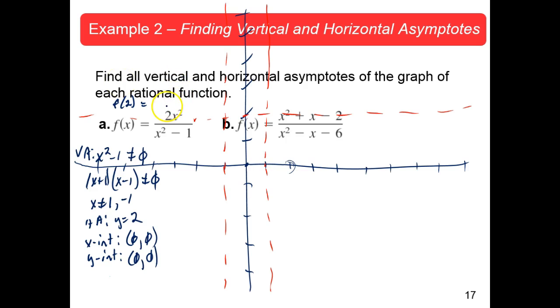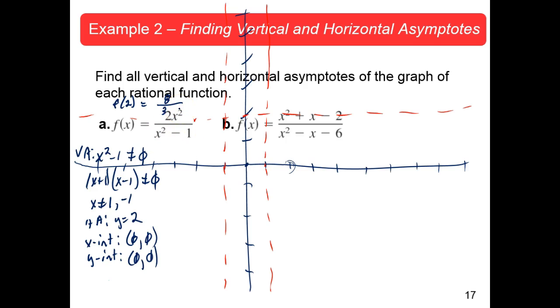And what would that be? 8, because 2 squared is 4, 4 times 2 is 8, and 8 over 3. When you put a 2 in here, 2 squared is 4, 4 minus 1 is 3.